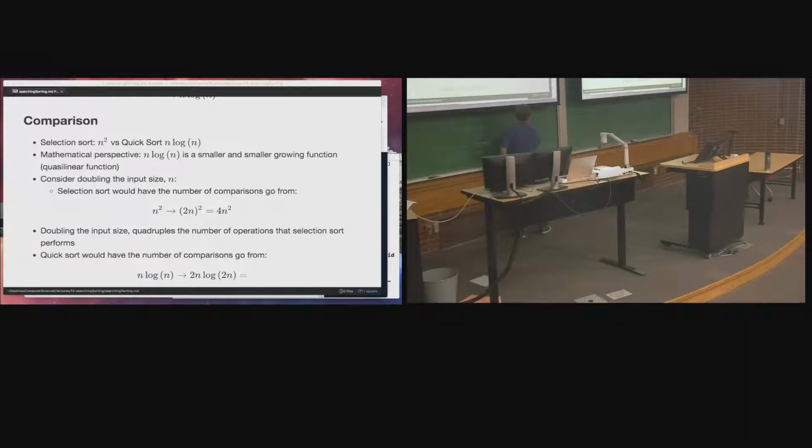Log of a times b is equal to log of a plus log b. You can split it up, and when you split it up we get log of 2 plus log of n, times 2n.